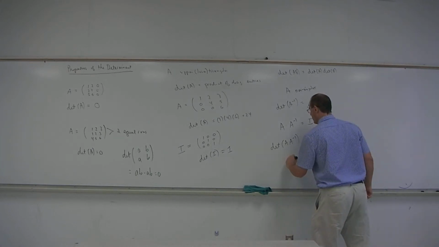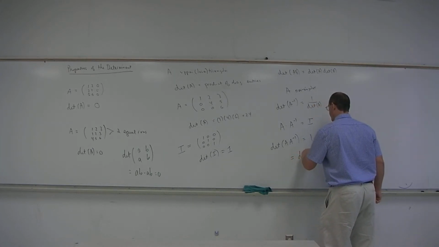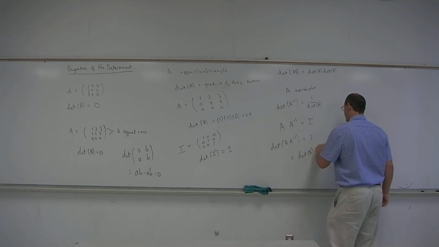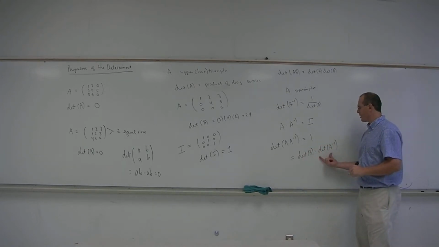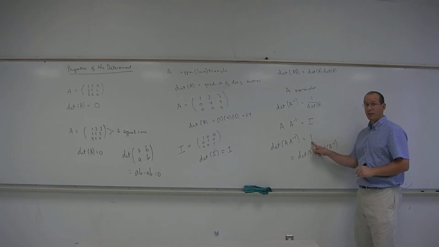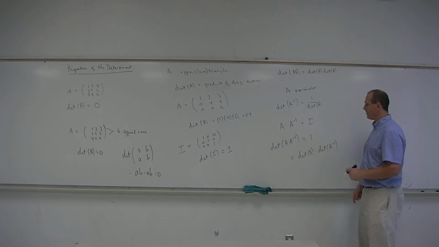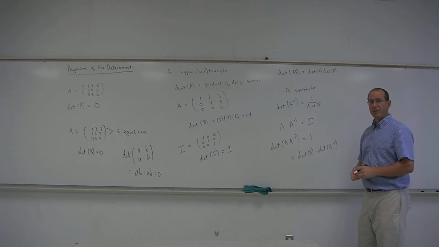But this is also equal to the determinant of A times the determinant of A inverse. So the determinant of A times the determinant of A inverse is 1, and therefore the determinant of A inverse is the reciprocal of the determinant of A.